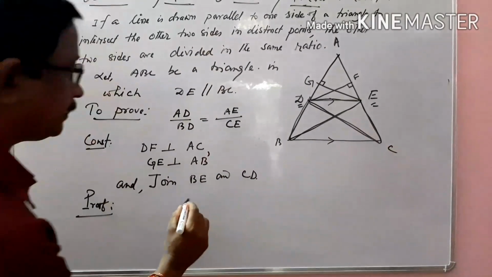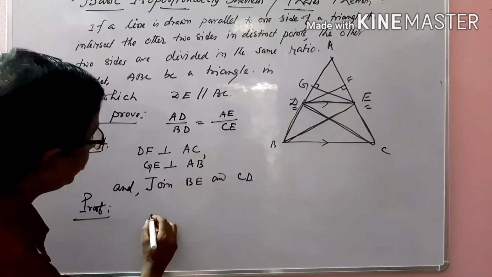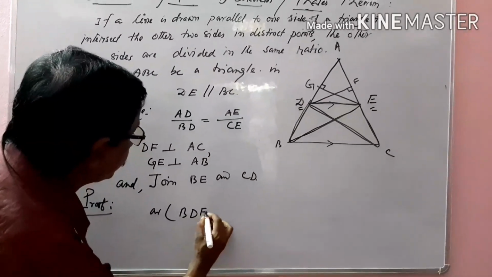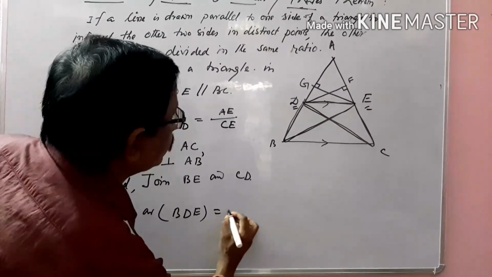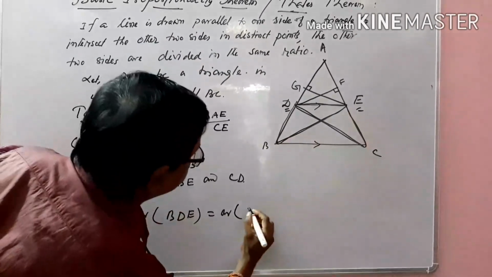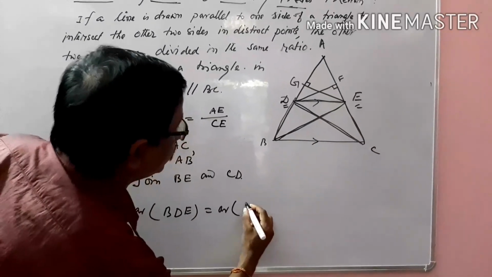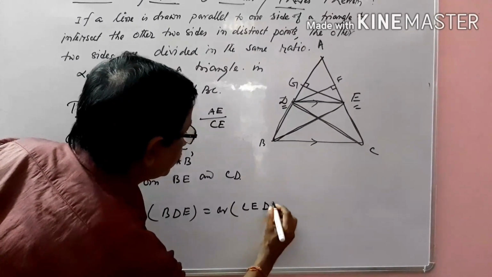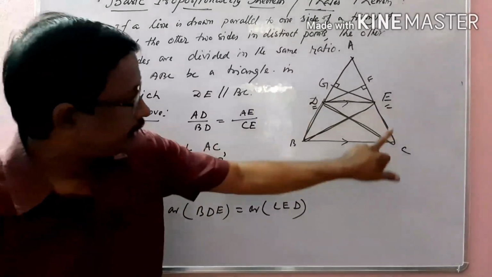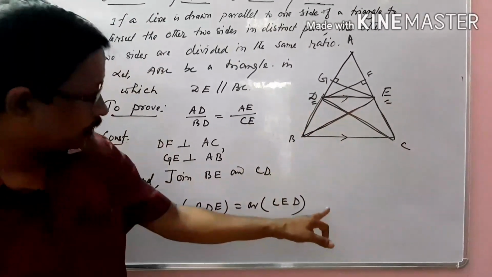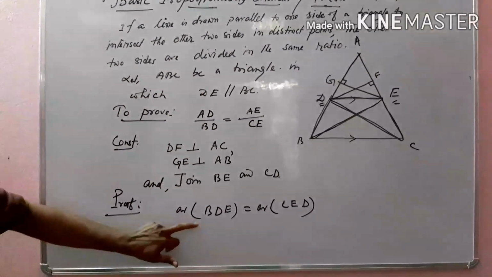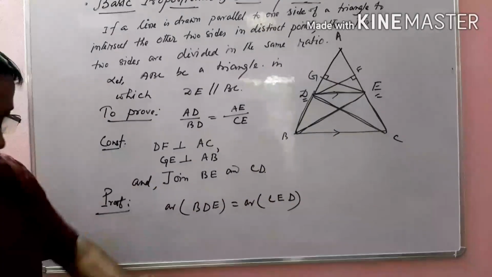So just name it: area of triangle BDE equals area of triangle CED. Okay? One triangle is BDE, another triangle is CED. Naming is no problem, you can write DEC also. But these two triangles are equal. I have written it there directly.